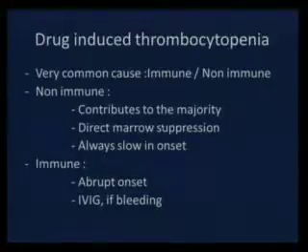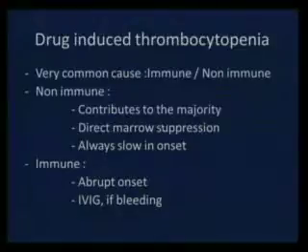Because in immune drug-induced thrombocytopenia, we expect the platelet count to decrease rapidly. In non-immune causes like, for example, bone marrow toxicity, we expect the count to fall down slowly, not very rapidly.